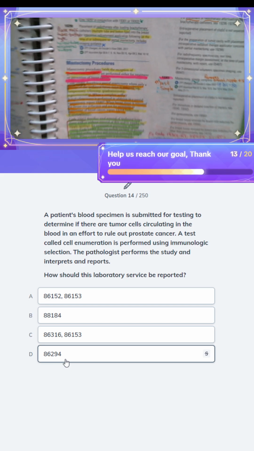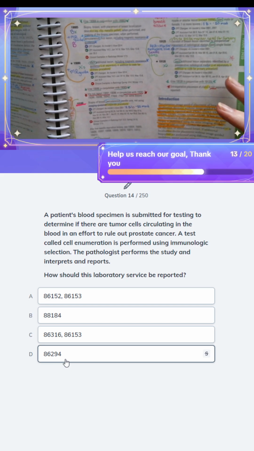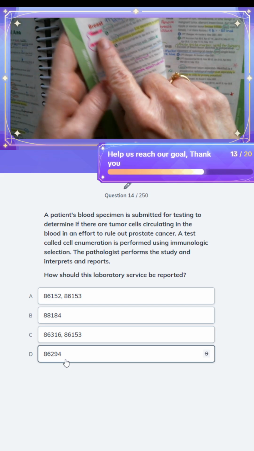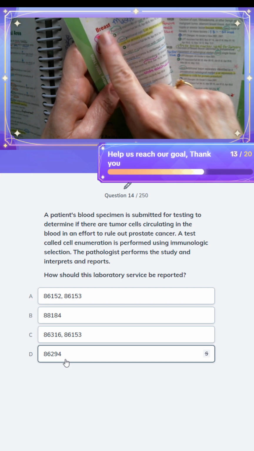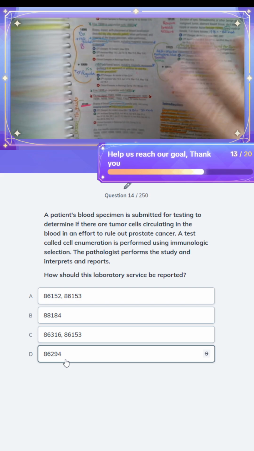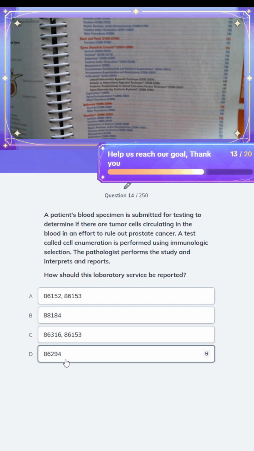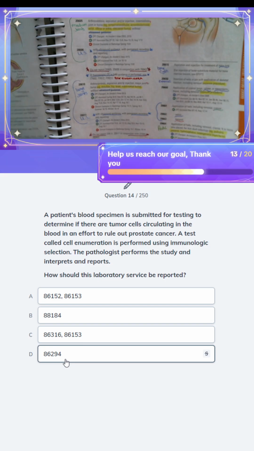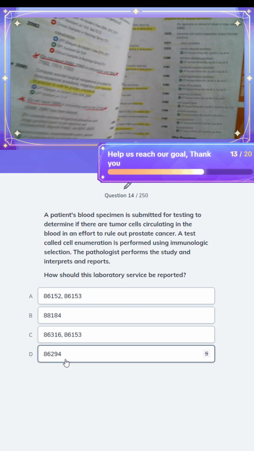One majorly important thing when you're taking the coding exam is clear your headers first. Everything is separated by body parts, no matter what chapter you're in. Everything that's coded on this page and this page is all breast, right? If I keep going, I'm going to eventually run into other body parts, which is super helpful, especially the digestive system.